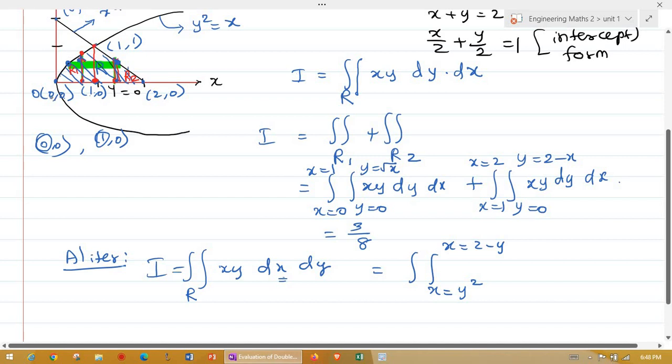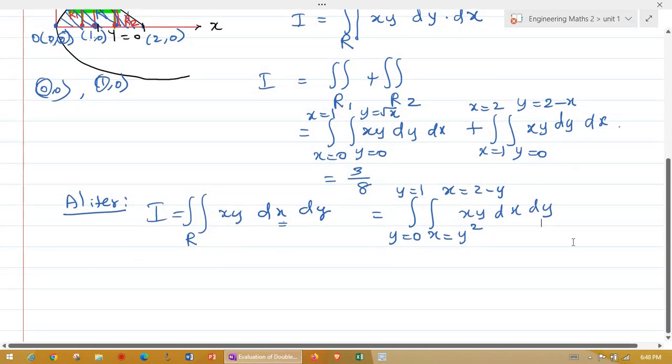See here, it starts from (0, 0) and ends at the point (1, 1). What are the values of y here? 0 and 1. Therefore y equals 0 and y equals 1, xy dx dy.